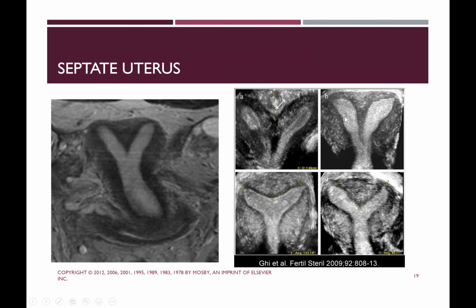That's the difference. It's one body with a large septum going through. This C is more of an arcuate uterus because there's not a deep septum. And this is a larger septum, but just one body, while the bicornuate has two horns of the uterus fundus body.